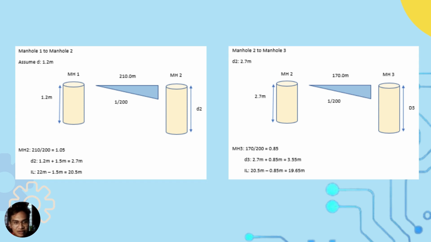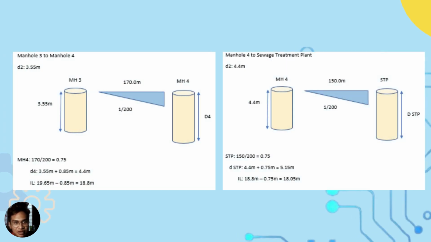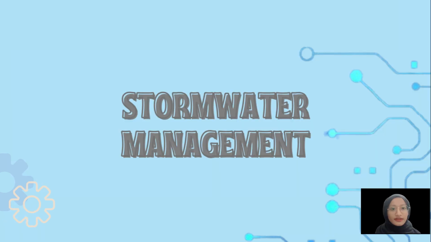Okay, this is the calculation. And lastly, from manhole 3 to manhole 4, until manhole 4 to the sewerage treatment plant, we got the final DSTP is 5.15 meter, and the IL is 18.05.